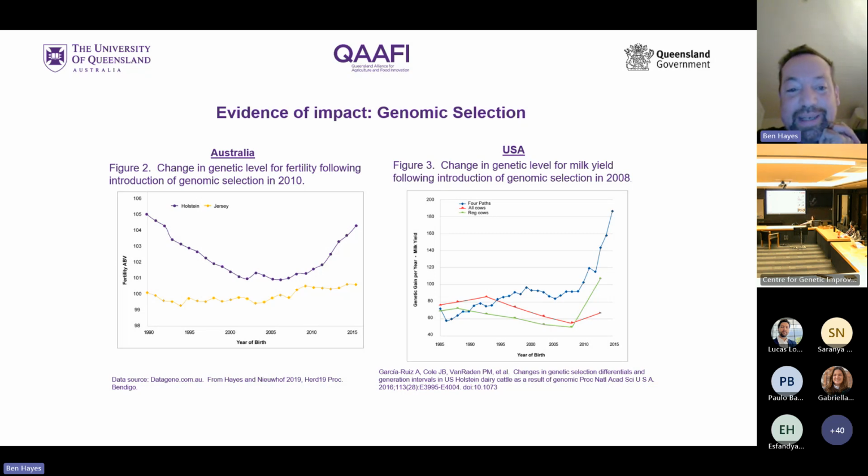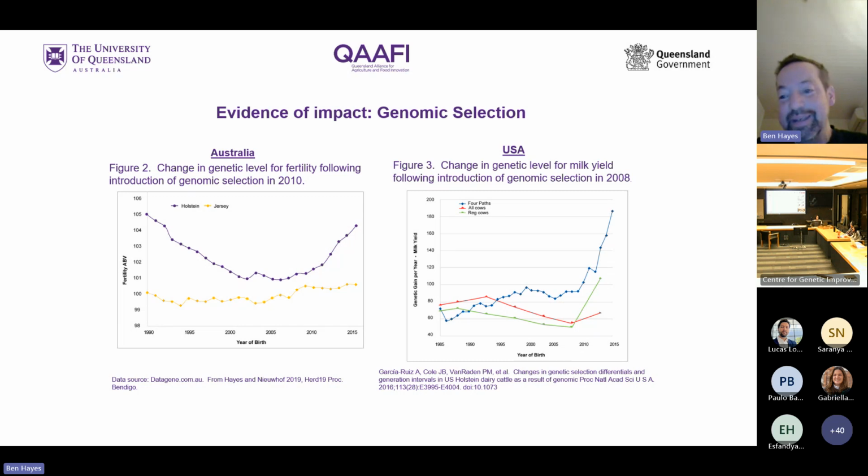And what you can see is after 2010, in the Holstein population in particular, the fertility breeding value has improved. And that was following a long decline in fertility, in fact, as a result of strong selection for milk production.